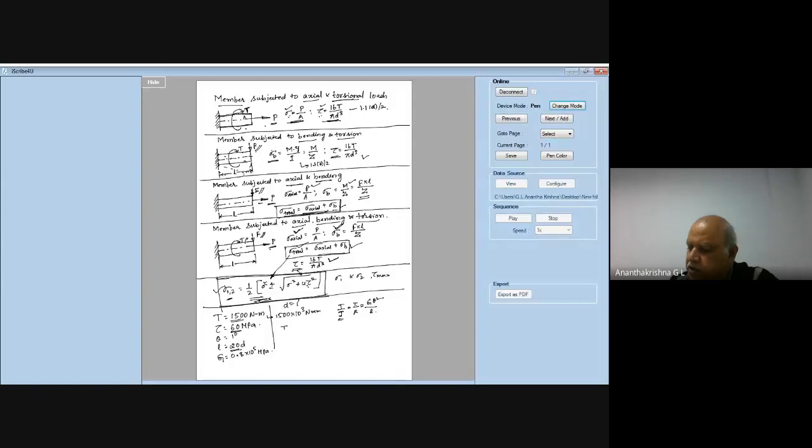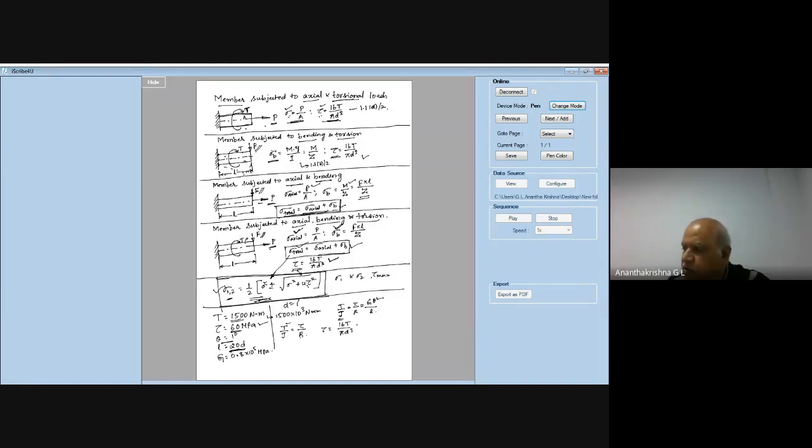First we use the equation T by J is equal to tau by R. We are given the shear stress 60 megapascal, then theta is 1 degree for a length of 20 times the diameter. Torsional moment is 1500 Newton meter. J is pi d4 by 32, tau is known and R is d by 2. After simplification we have the equation 16T by pi d cube.